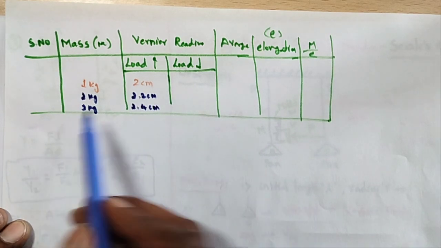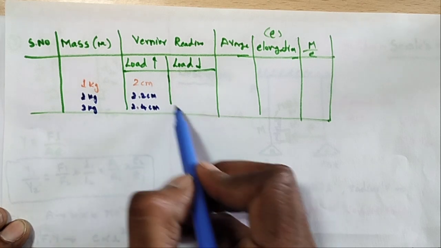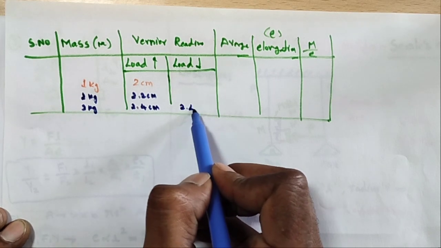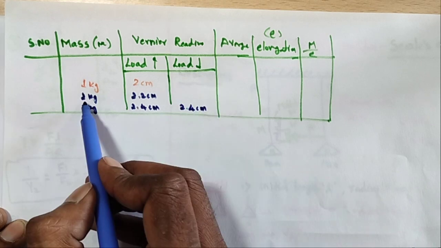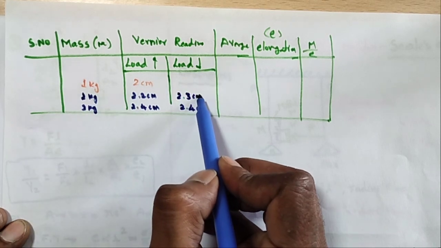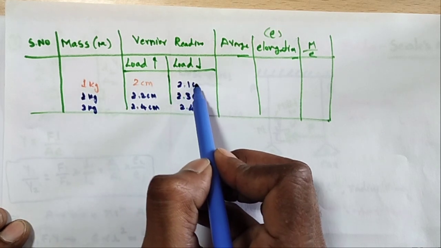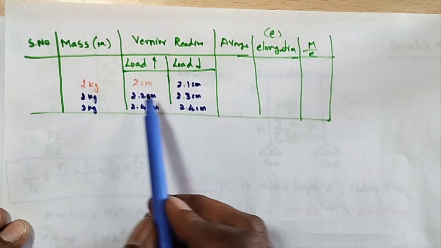Like this. And then 3 kgs is removed. What is the value here? 2.4 centimeters. And 2 kgs is removed, approximately 2.3 centimeters. And 1 kg is removed, I am taking 2.1 centimeters. So this is an example.